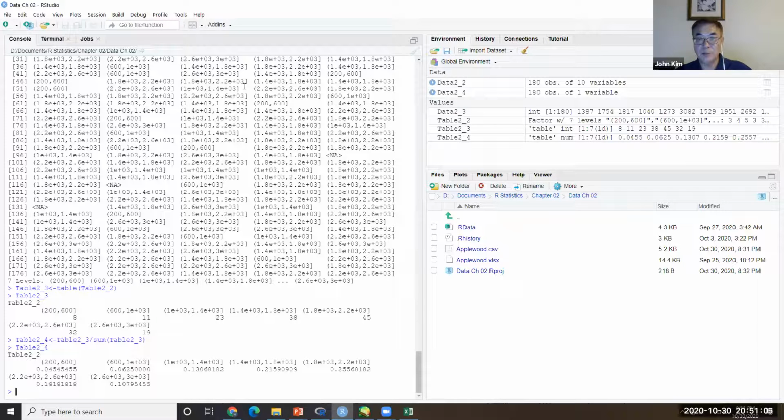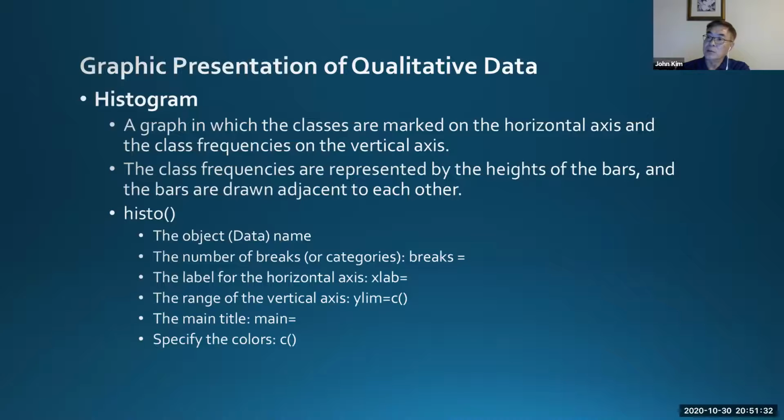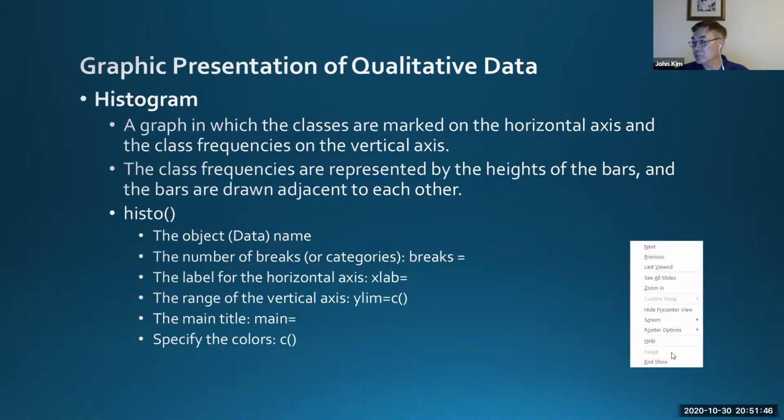Okay, similar to developing a frequency table for categorical data, qualitative data. And next one, histogram. So earlier, actually, this one is quantitative. I mistyped quantitative data. Qualitative data, bar chart. Quantitative data will change.